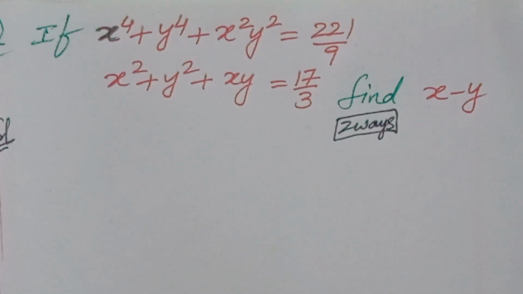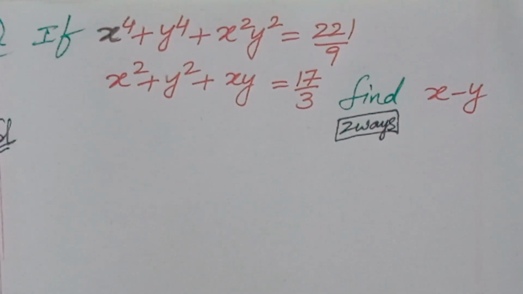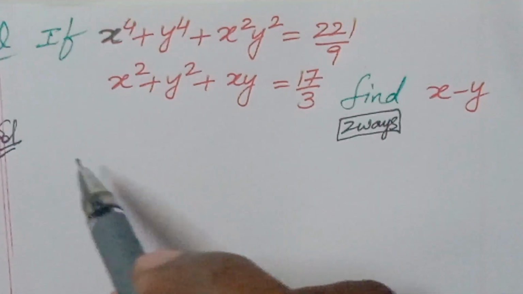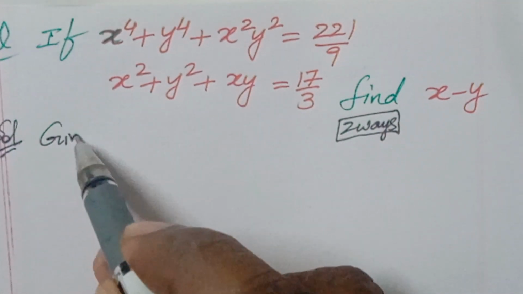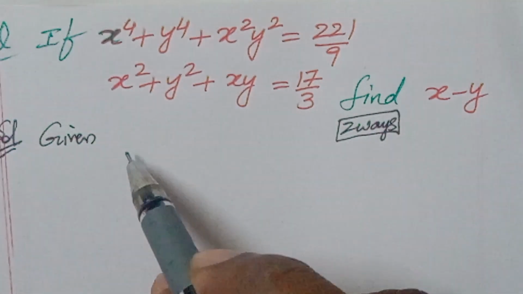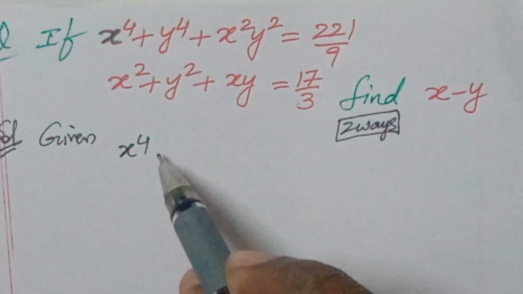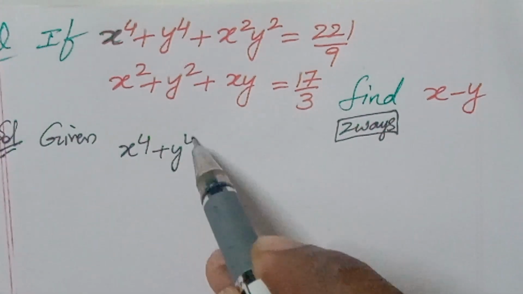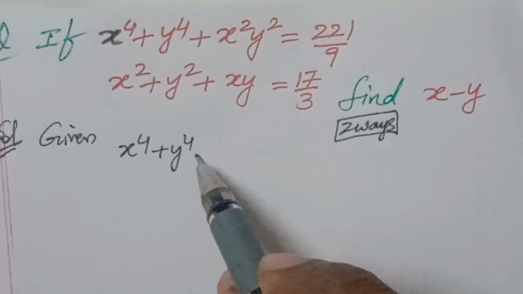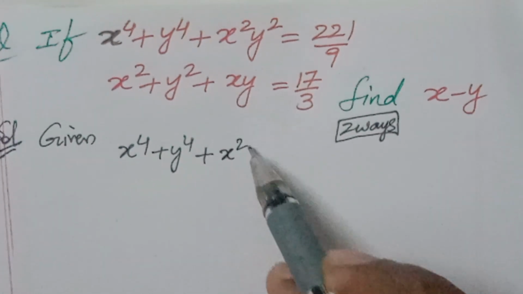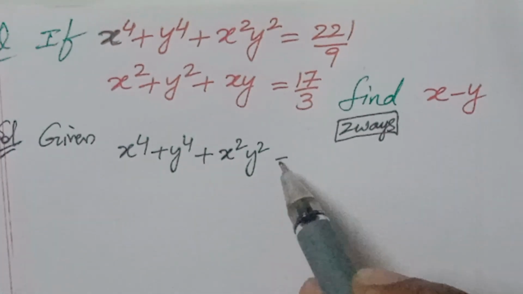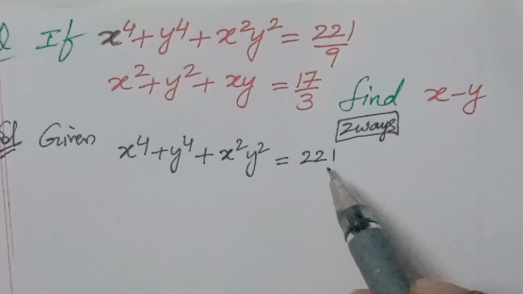So here, first of all, what is given? Given x to the power 4 plus y to the power 4 plus x square y square is equal to 221 by 9.